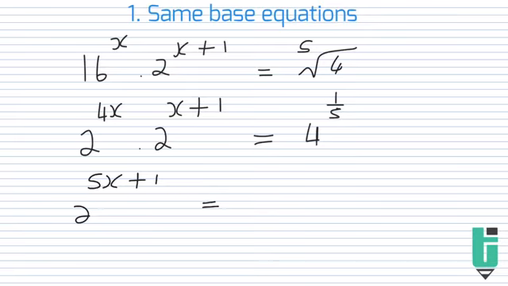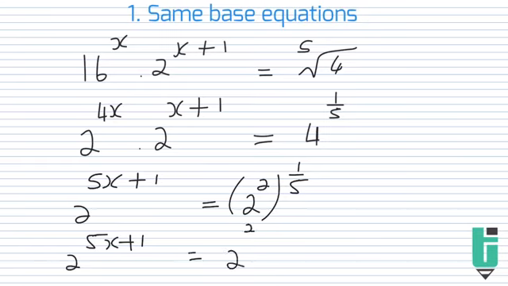But now we want to get a 2 on that side, and we know that 4 is technically 2 to the power 2, taking note that this whole thing is still raised to the power of a 5th. So we'll multiply the exponents, and we'll have 2 to the power 2 over 5.